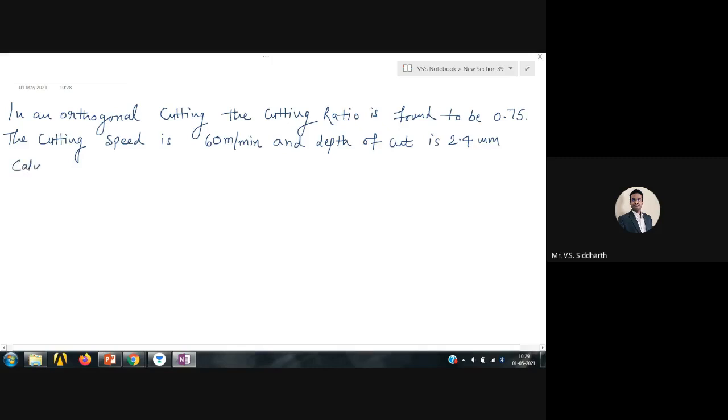Calculate chip velocity and chip thickness. Chip velocity and chip thickness, not ratio. Calculate the chip velocity and chip thickness.